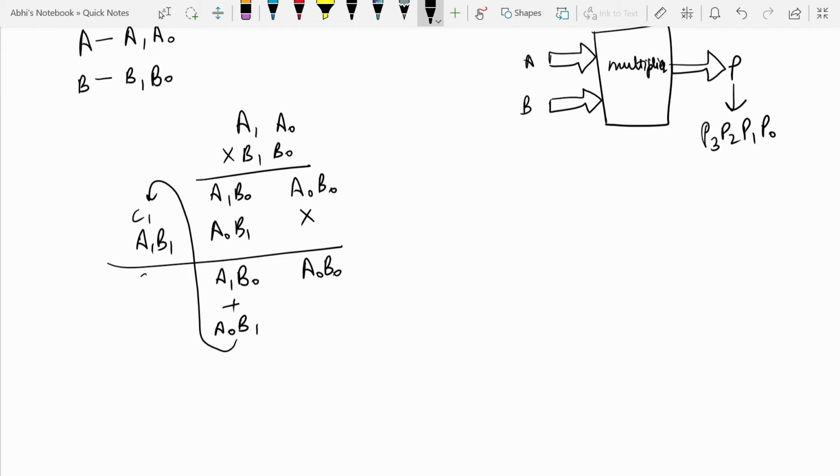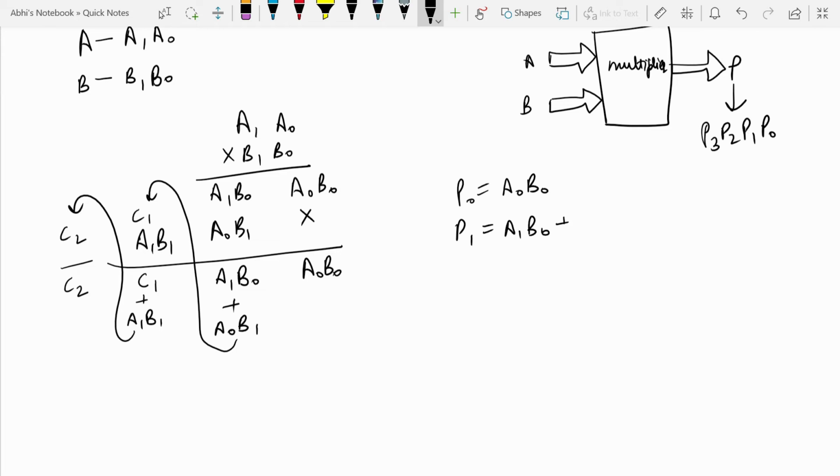So in the second column we have C1 plus A1 B1 and the carry of the second column will go to the third column. So our value for P0 is A0 B0, P1 is A1 B0 plus A0 B1, P2 is C1 plus A1 B1 and P3 is C2.